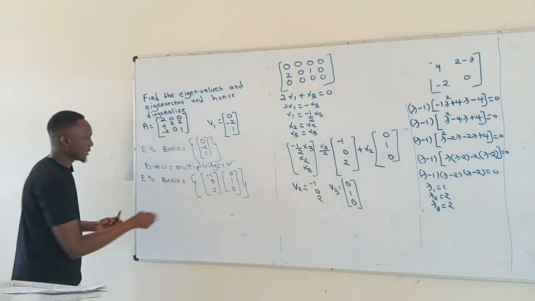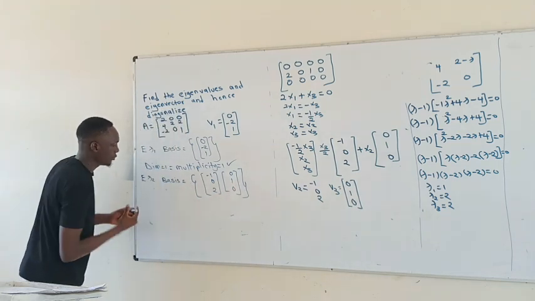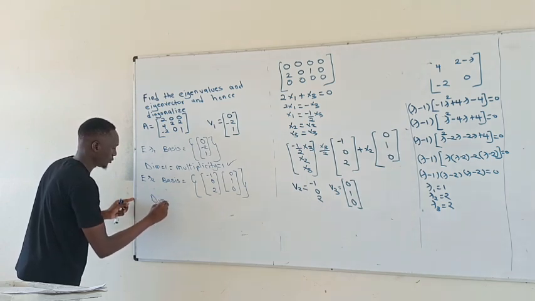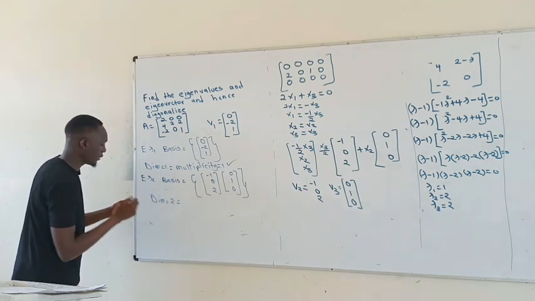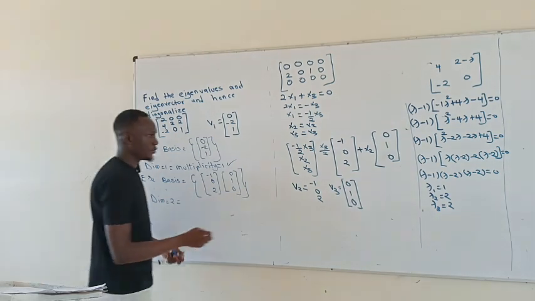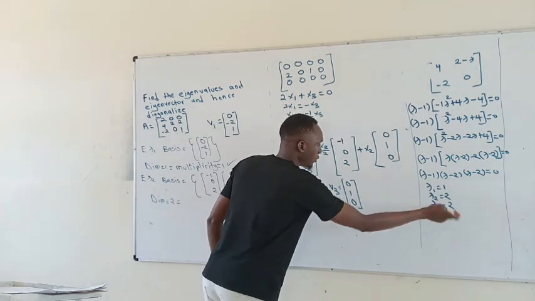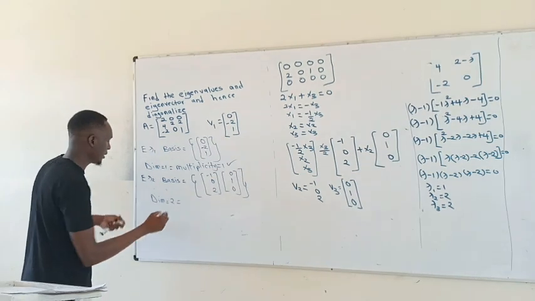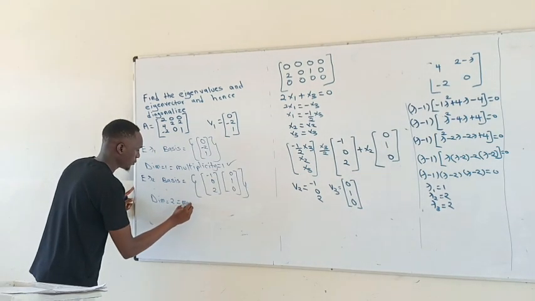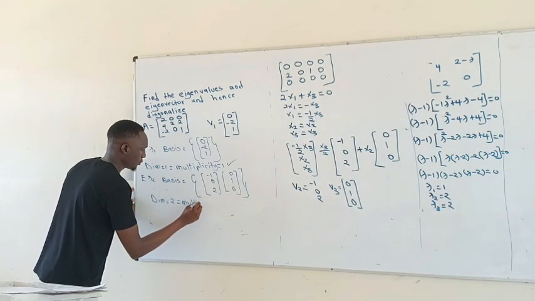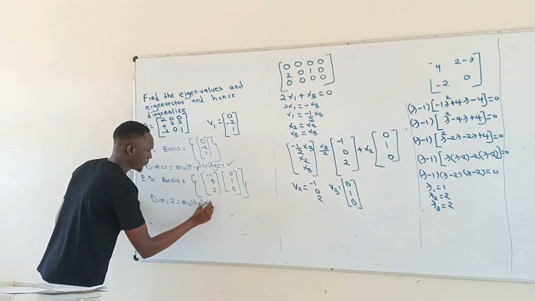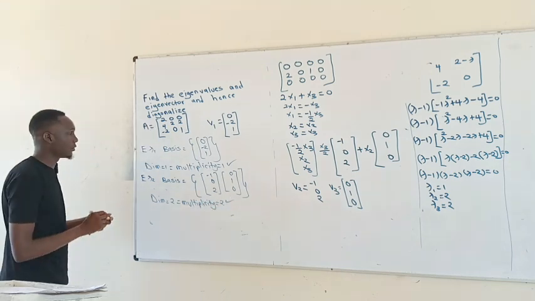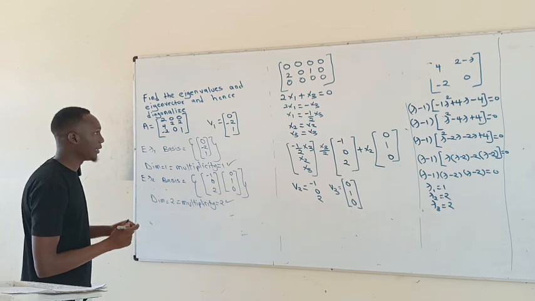We realize the dimension is now 2, and it's equal to the multiplicity, which was 2. Lambda 2 and lambda 3 are 2, so the multiplicity is 2. Meaning we can diagonalize matrix A.